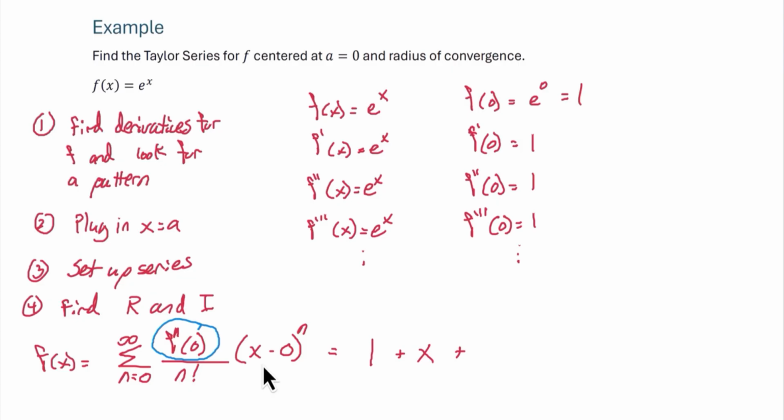Plus, plugging in 2, we'll get 1 divided by 2 factorial, which is just 2, times x squared. And then we'll get 1 divided by 3 factorial, or 6, times x cubed, plus 1 divided by 4 factorial, times x to the 4th, and that's going to continue forever.